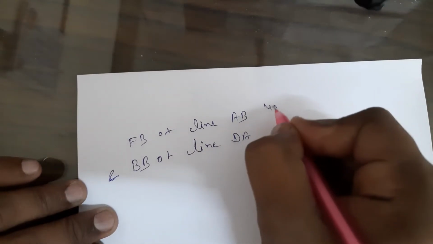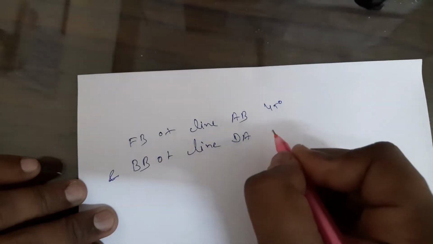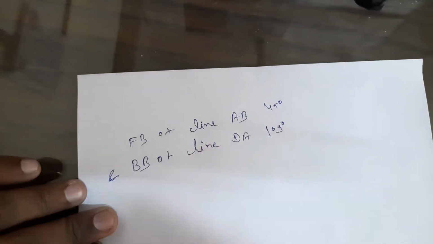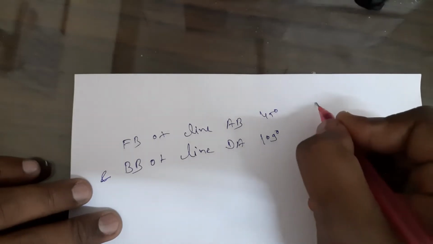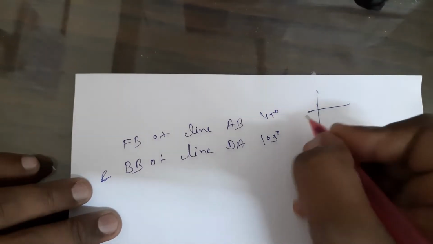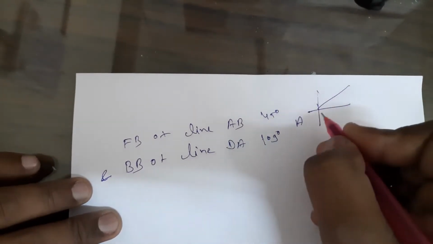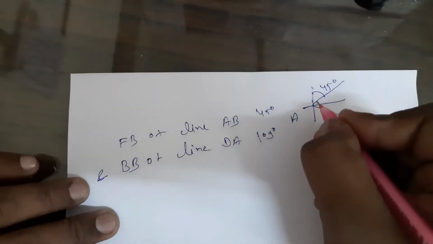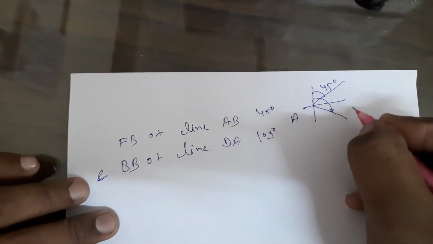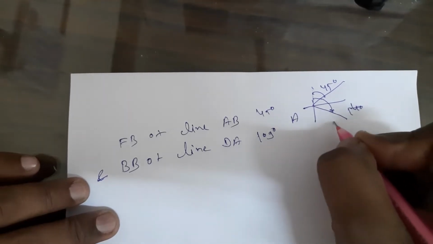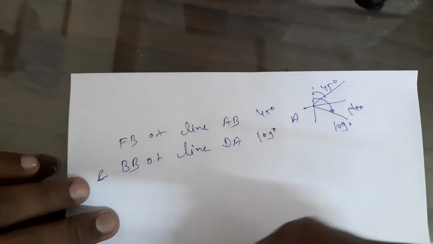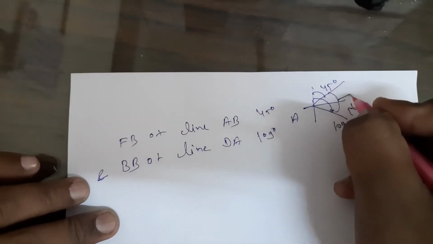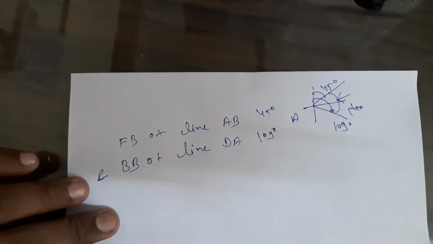First one is 45 degree for AB and the back bearing is 109 degree. And the angle A means station A is here. Okay, so this is 45 degree and the whole is 109 degree, and we need to calculate this angle. Okay, so how do we calculate?